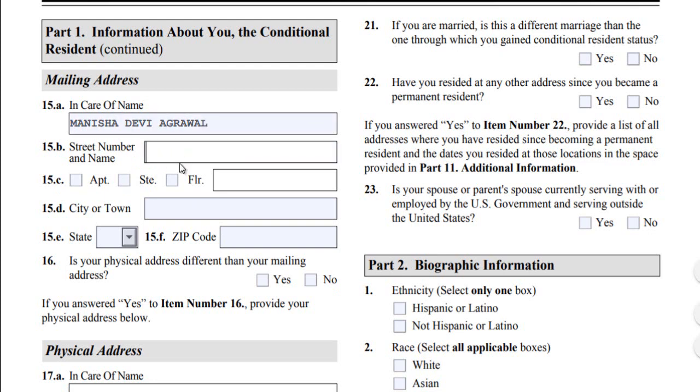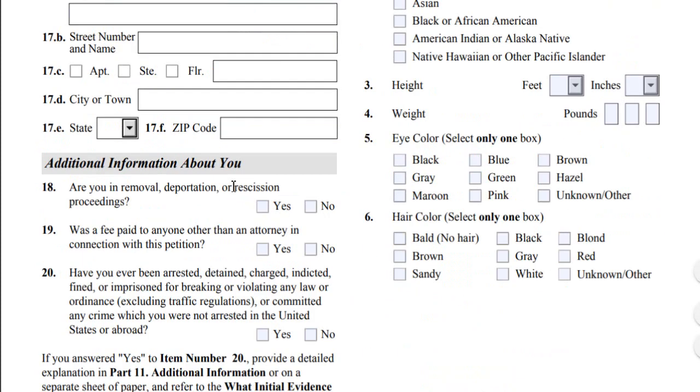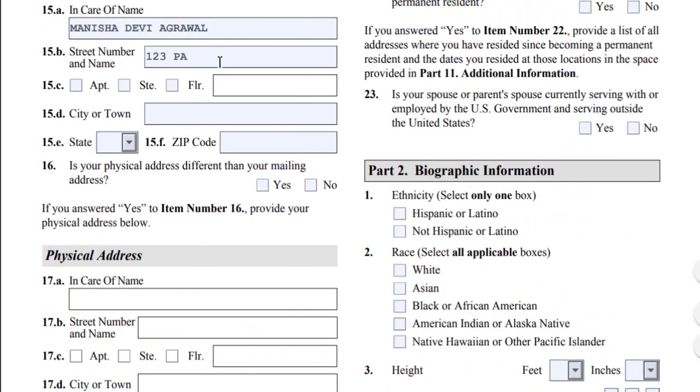Remember, when it's state, you must scroll down to select the state. As you can see, it is not letting me fill out the apartment number. So when I print out the form, I will use black ink to fill in this blank.